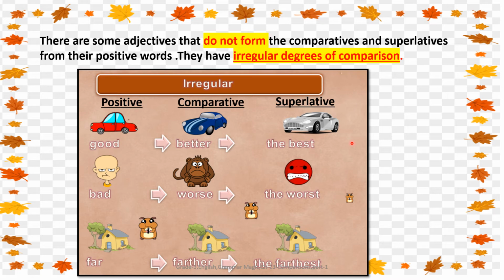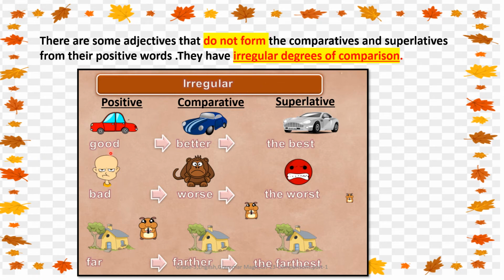But there are some words, they are said to be irregular words, where we don't use such a thing at the end of the word like est. We change the word completely. We change the positive word or adjective word. So they are said to be irregular degree of comparison.